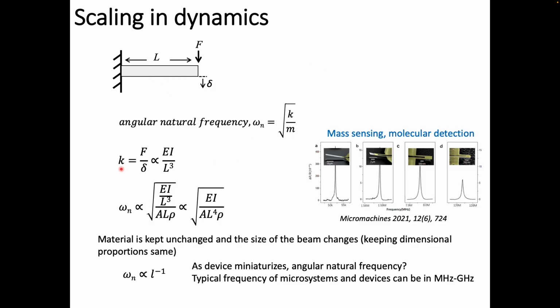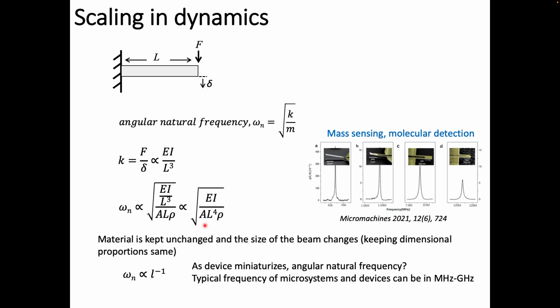This k is essentially F over delta, which we obtained before, and we substitute k with the beam expression. Mass is A times L, that is volume, times density. If you rearrange, this is what we get. I is essentially L to the power of 4, so L to the power of 4 cancels out, and we have area in the denominator, with a square root.